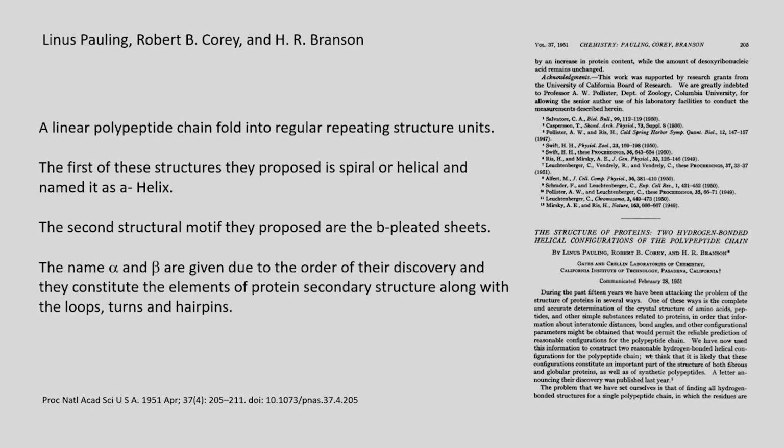They came to a conclusion that linear polypeptide chains in the primary structure fall into regular repeating structure units, and they named these repeating structure units alpha helix, which is basically a spiral arrangement of the amino acids in 3D space, and the second structure as beta pleated sheets. The names alpha and beta are due to the order of their discovery, and they constitute the elements of protein secondary structure along with other elements like the loops, turns and the hairpins.